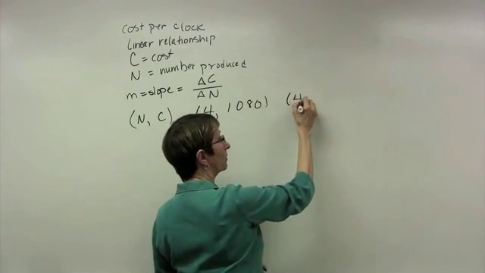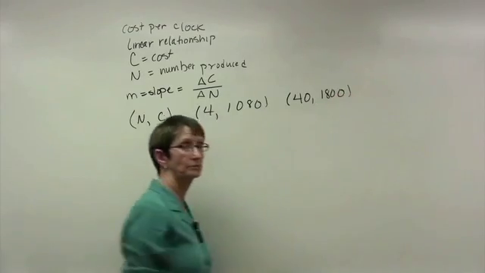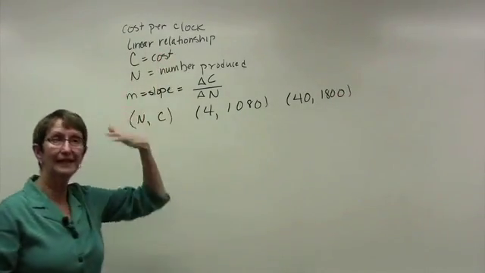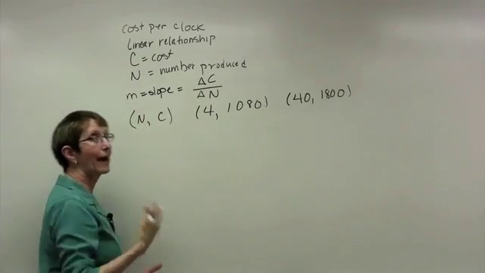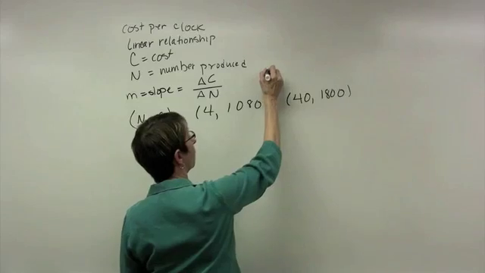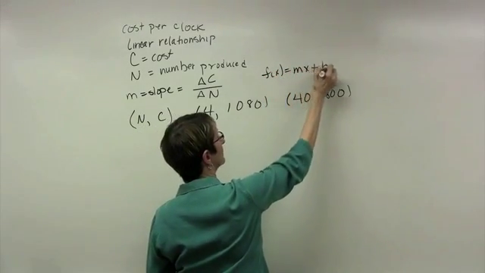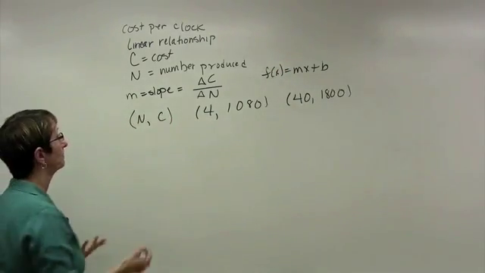And for 40 clocks, it was going to cost $1,800. For a linear relationship, you think line. So we're thinking, y equals mx plus b, or f of x equals mx plus b, and I need to find my slope.